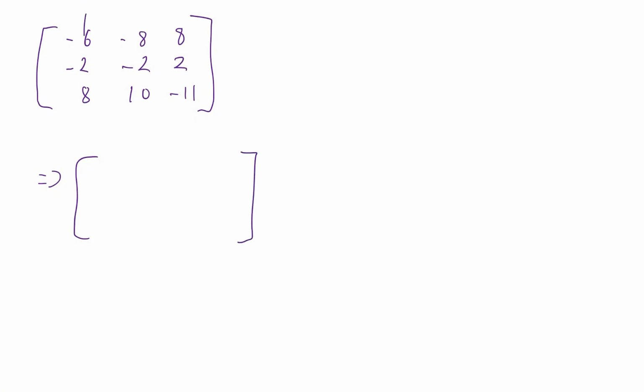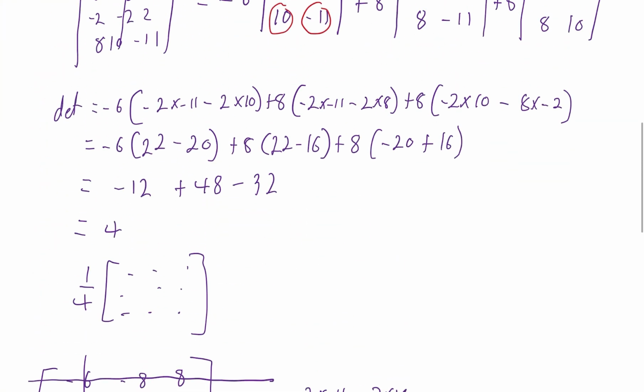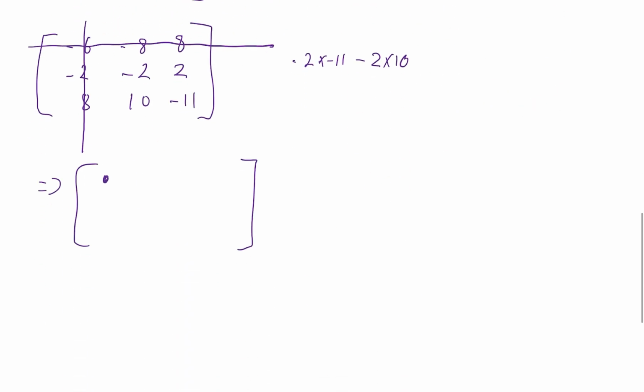You have to cancel out this, which will give you this number. Now we do minus 2 times minus 11 minus 2 times 10. If you scroll up a little bit, we can see it's going to be 2. So in this spot, we write 2.